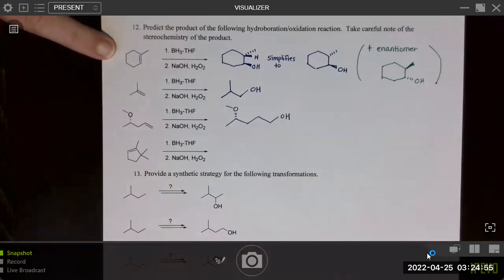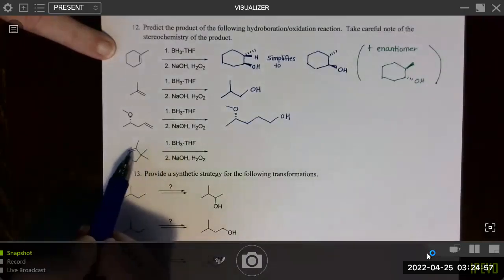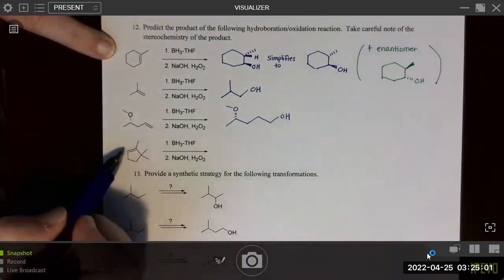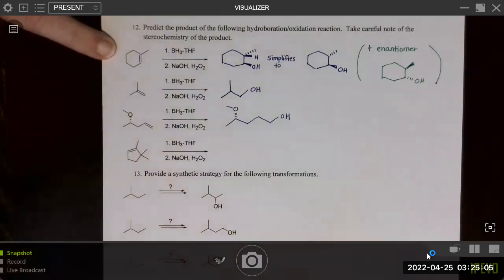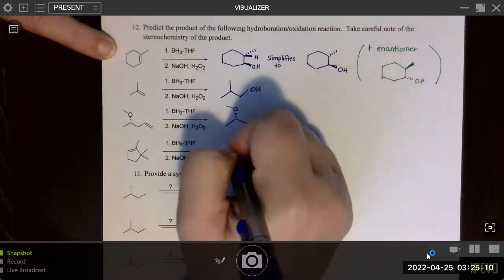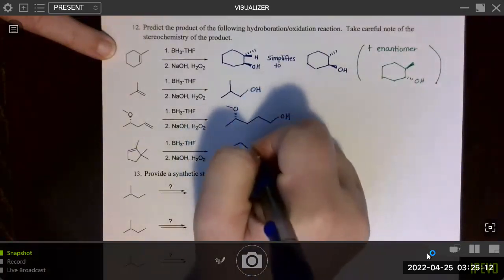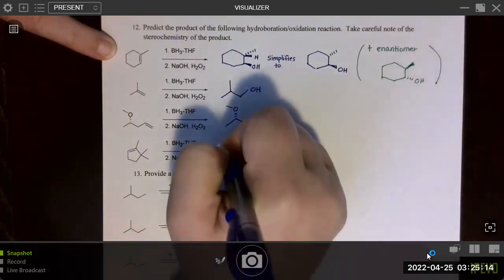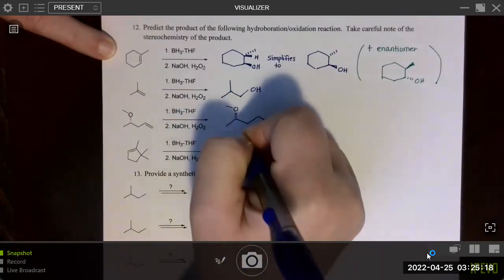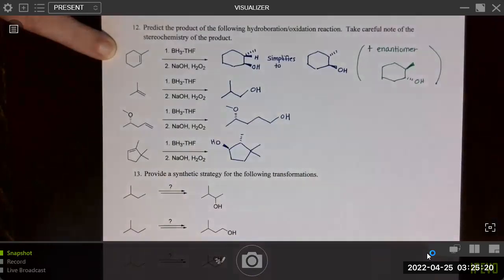Let's look at this one. Again, H and OH is getting added across the double bond. The OH will get added to the less substituted carbon. That's going to make both of these become a chiral center. We would want to make sure to draw that in. So if my OH gets added from the top, that would push this methyl down because the hydrogen also got added from the top.